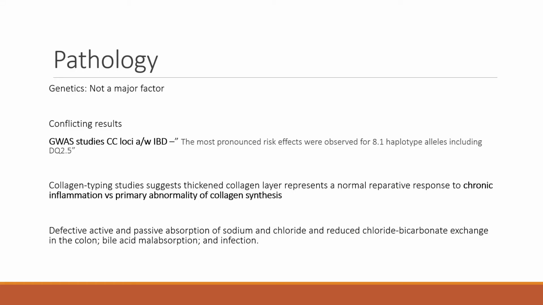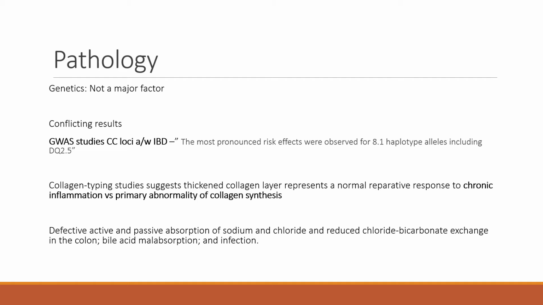Now, pathology. So, genetics is not a major factor. There are two genome-wide association studies published on that. Interestingly, the only HLA haplotype they were able to identify was DQ2.5. The majority of microscopic colitis research is done in England and the Netherlands. There is a Dr. Kane, a researcher at Leeds University in England, who did a considerable amount of work on that.